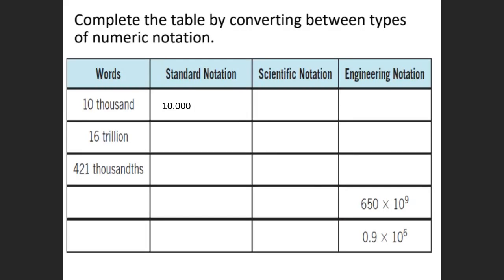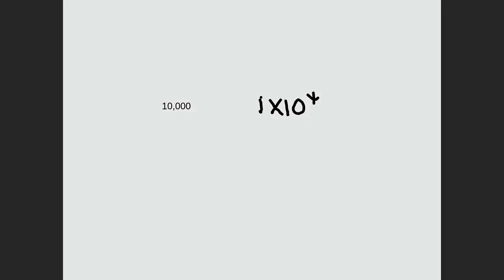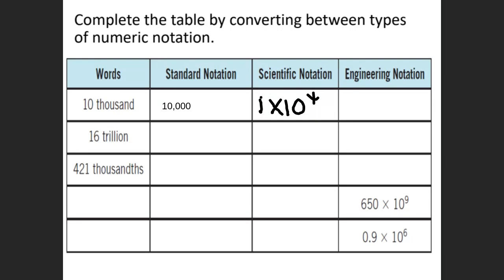Scientific notation would be 1 times 10 with 4 zeros. Now notice what happens. Engineering: 10 is the number we're going to write.